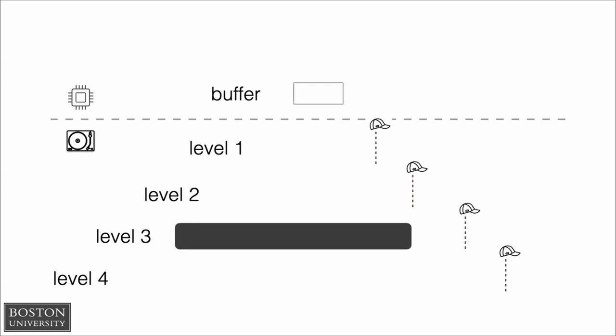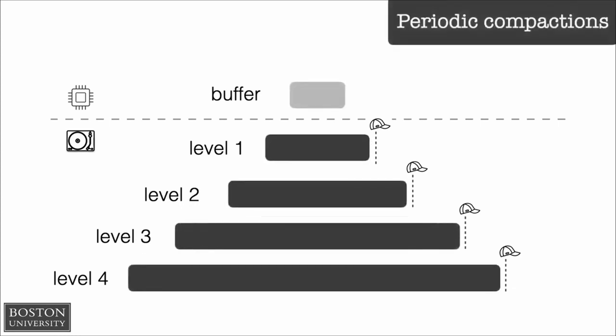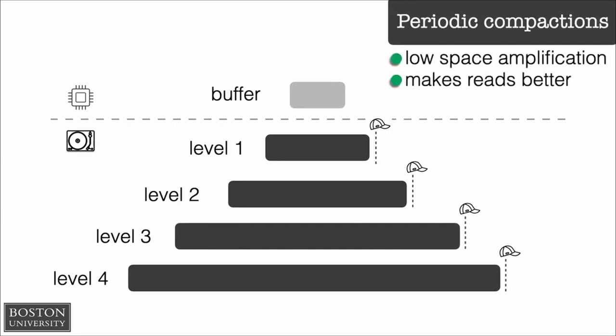As we will see, this process of full compaction is only one way of doing things. We'll speak a little bit later about another way, partial compaction. Through these periodic compactions, we create this LSM tree that has the shape of exponentially growing sizes, which allows us to address to some extent the space amplification problem and to make reads better.